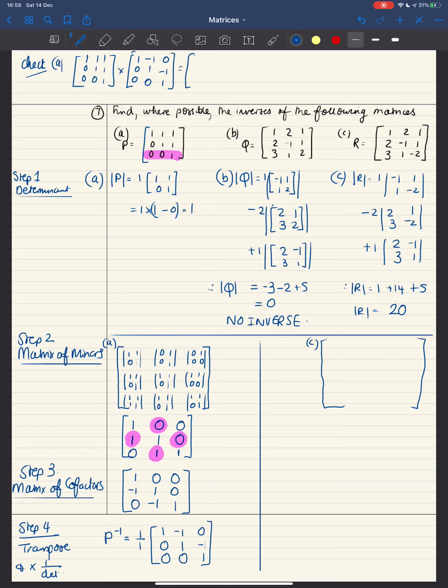And then you do row, column, you do each of these first of all. So it's 1 plus nothing, minus 1 plus nothing, 0 minus 1 plus 1.